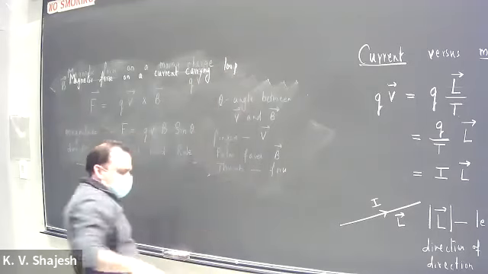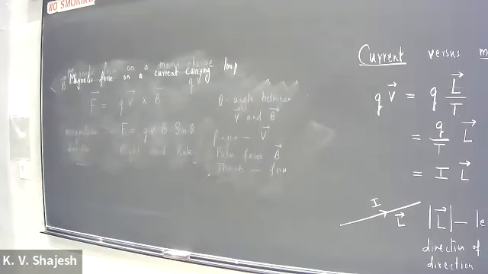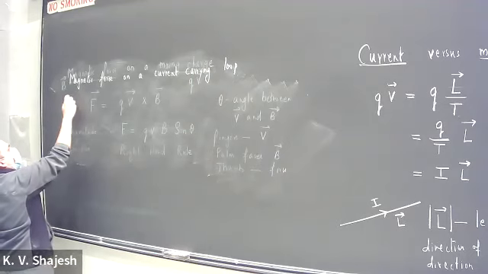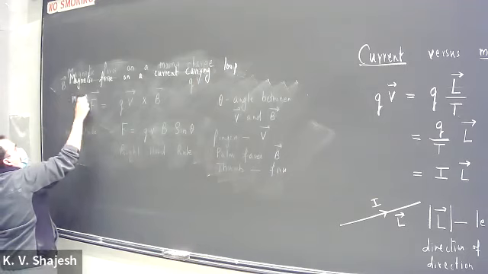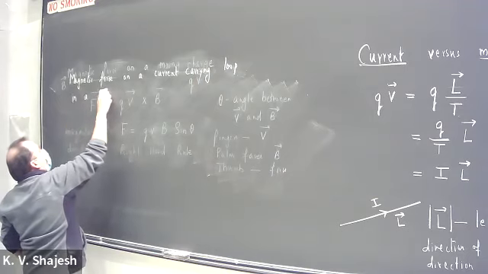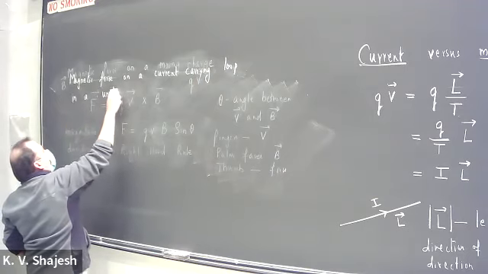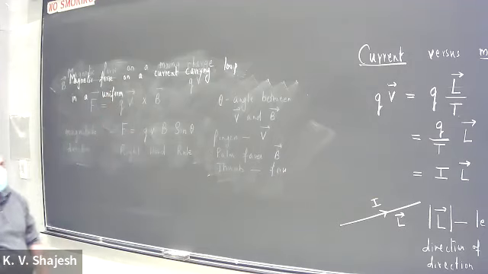By loop, I mean it has to come back, it has to finish the circle. That's what I mean by a current carrying loop in a uniform magnetic field. By uniform, I mean it should be the same everywhere on the loop.